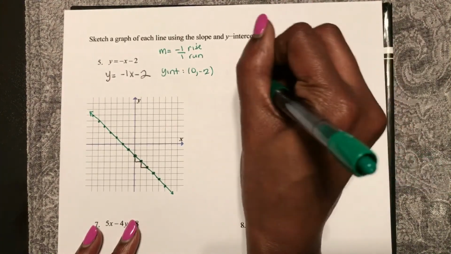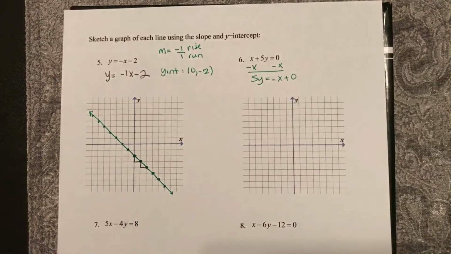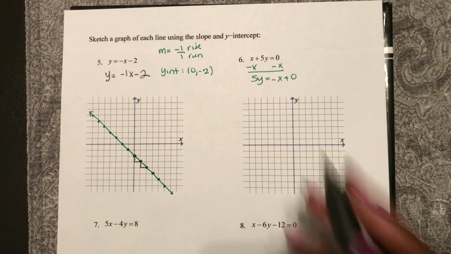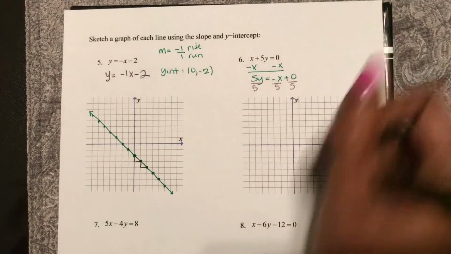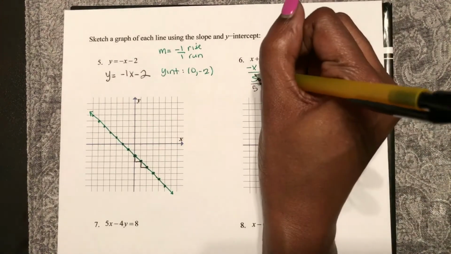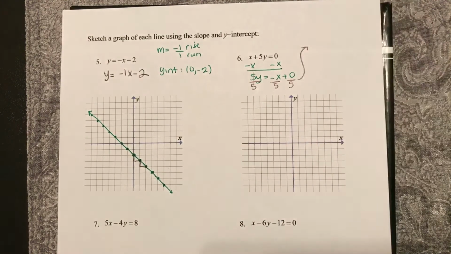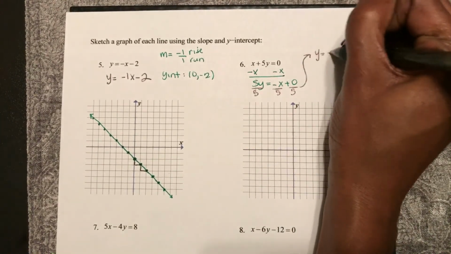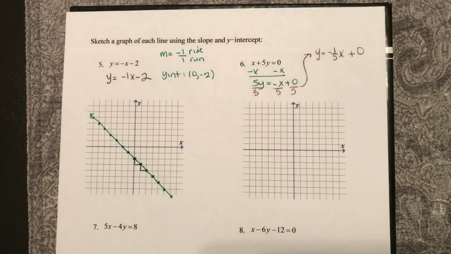Subtract x. 5y equals negative x plus 0. So now how do I isolate that y? Divide by 5. This cancels. And I'm going to bring it up here. I'm left with y equals negative 1/5 x plus 0.